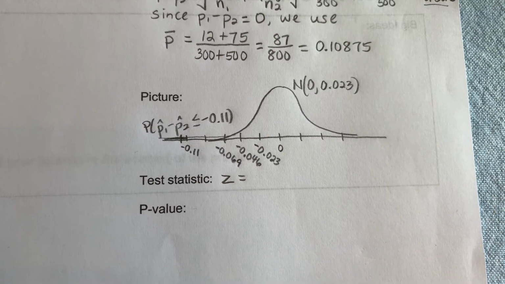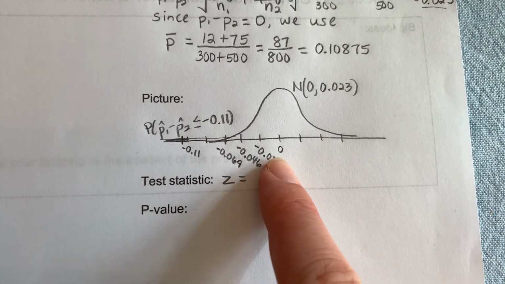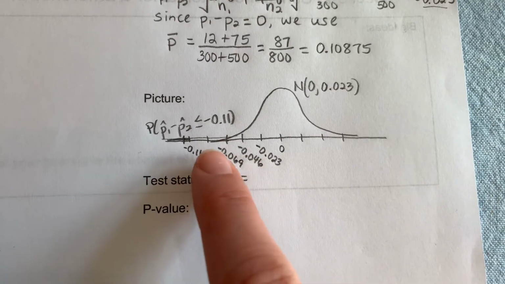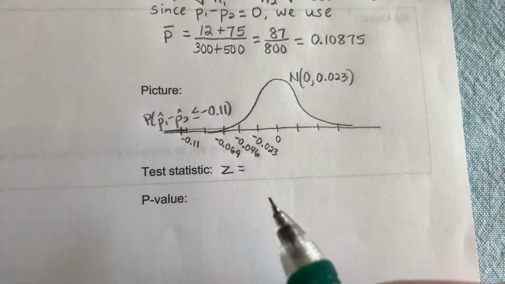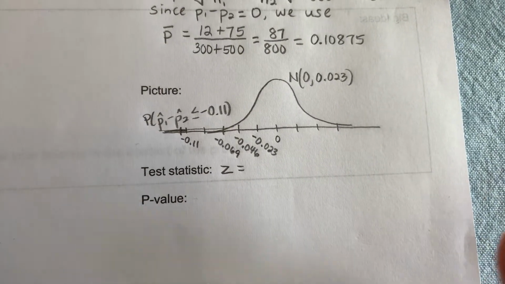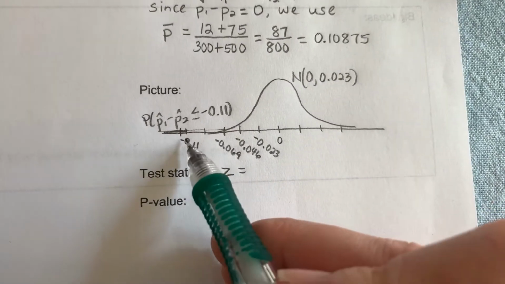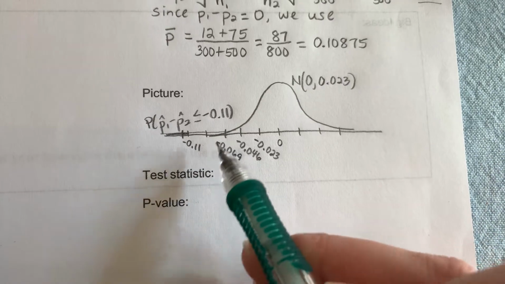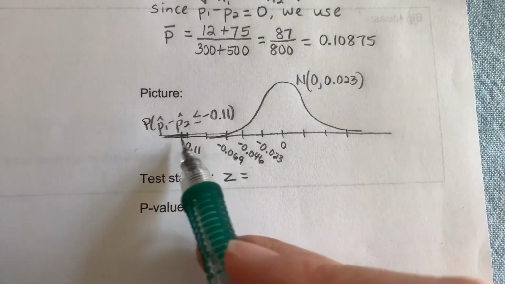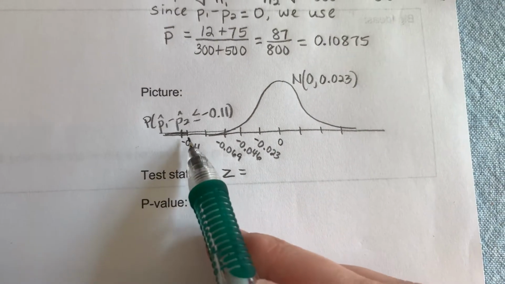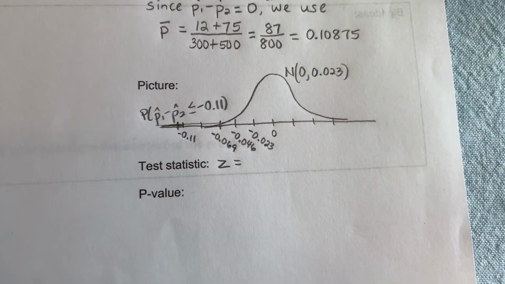But they would be the same thing, right? If I labeled this 0 and then went down 1, 2, 3, 4, 5 standard deviations, my z-score would be in the same spot as this negative 0.11 is on the sampling distribution curve, okay? So the area is the same, even though I'm not actually writing on here that that's a z-score.